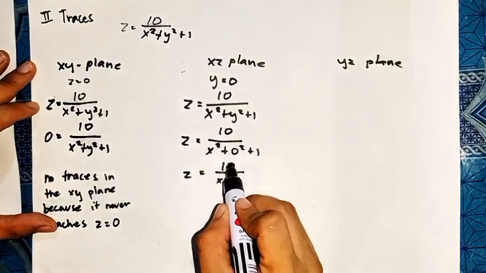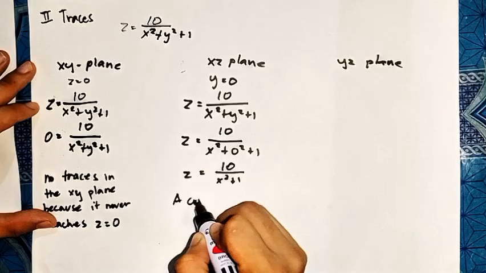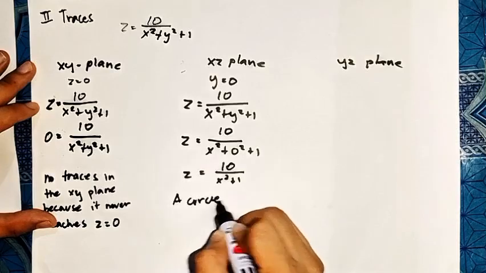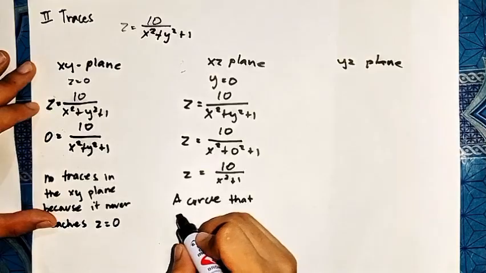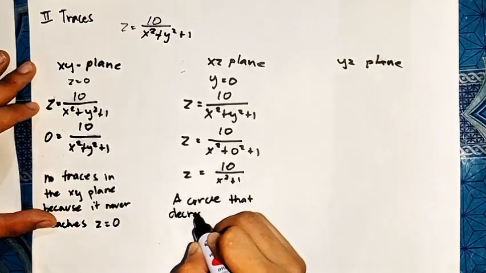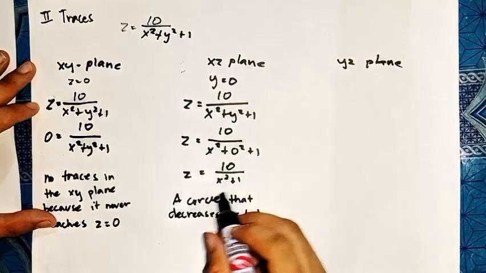So as you can observe, this is a curve that decreases as x increases.